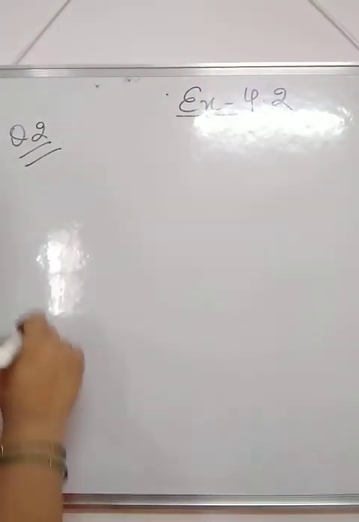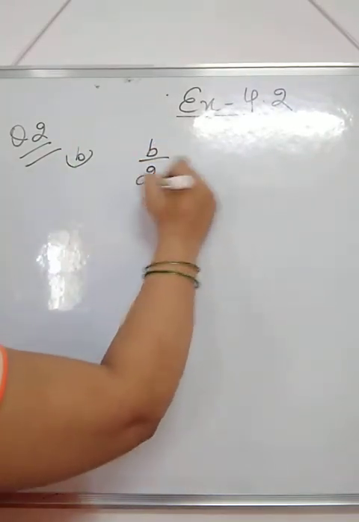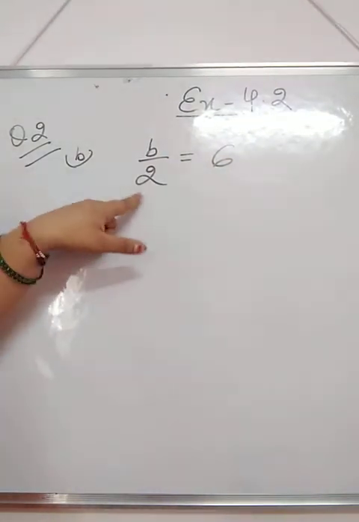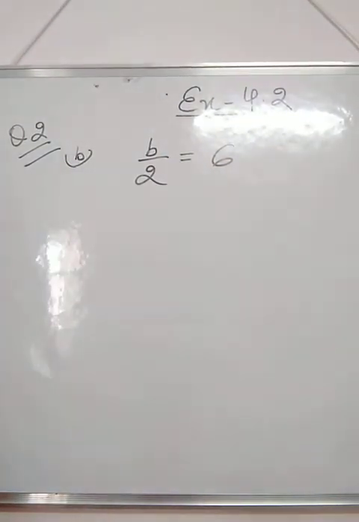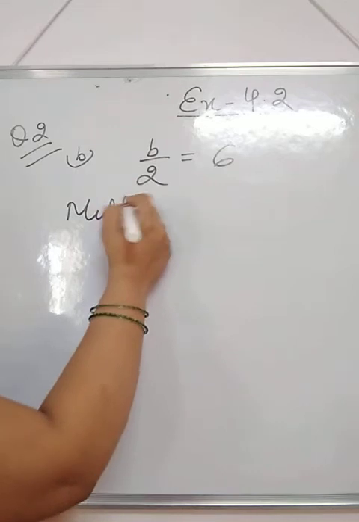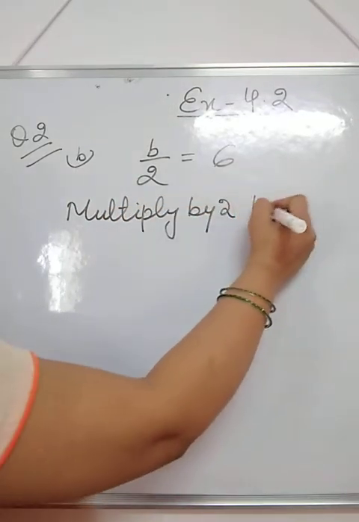Now see the B part. B upon 2 is equal to 6. Here 2 is given in division, and the opposite operation of division is multiplication. So we have to multiply by 2 both sides.